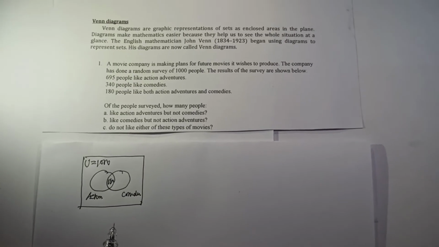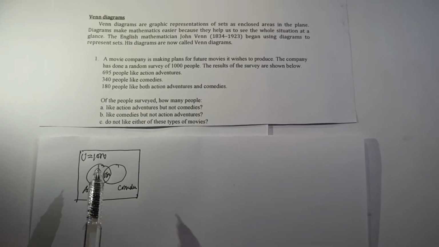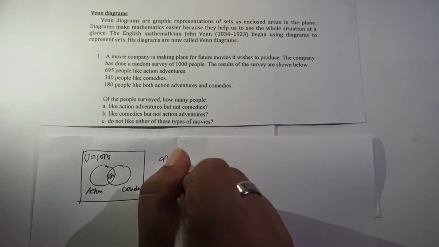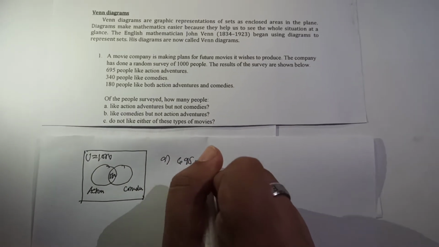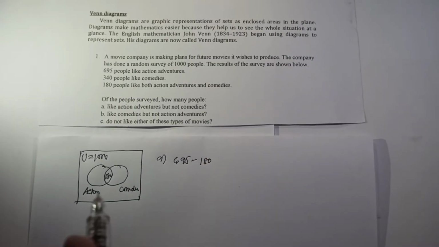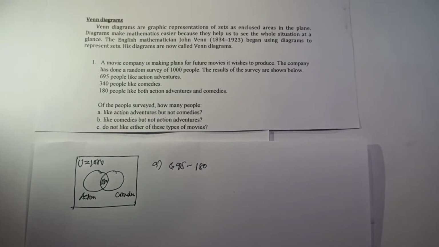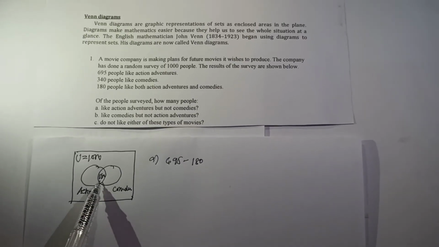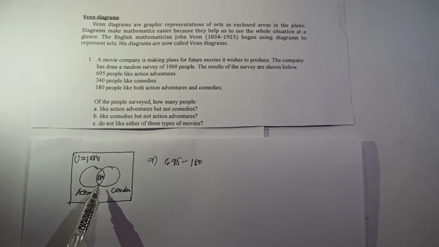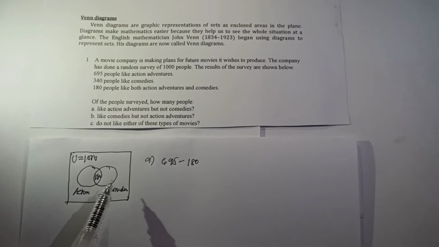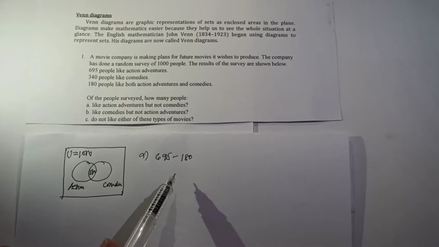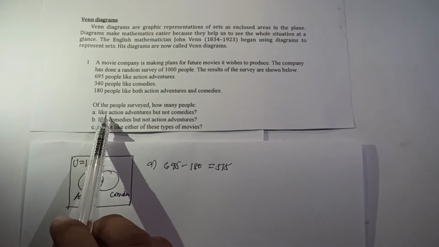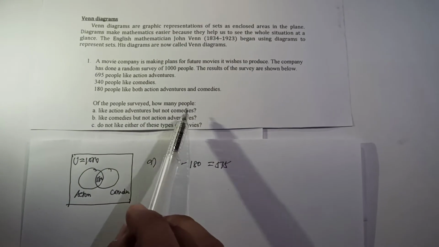In order for us to get those who like action adventures but not comedies, for letter A, we need to subtract 695 minus 180, because if we include the 180, there are people here who like comedies as well. So 695 minus 180 is 515. This is the answer for letter A.